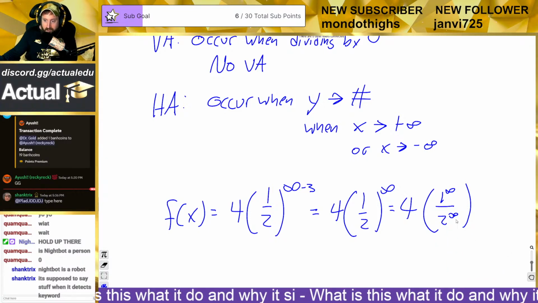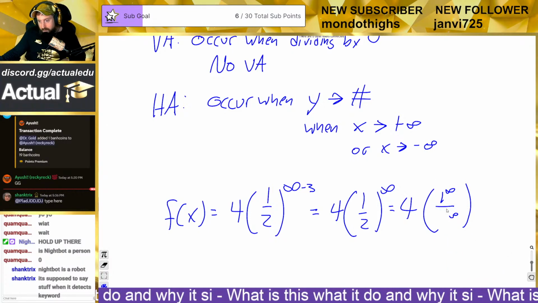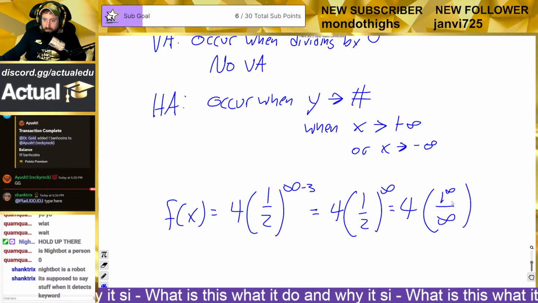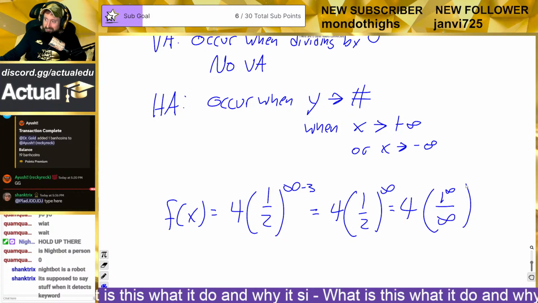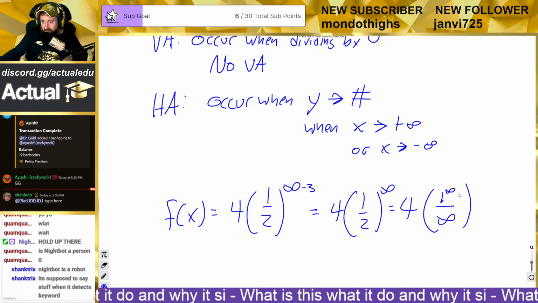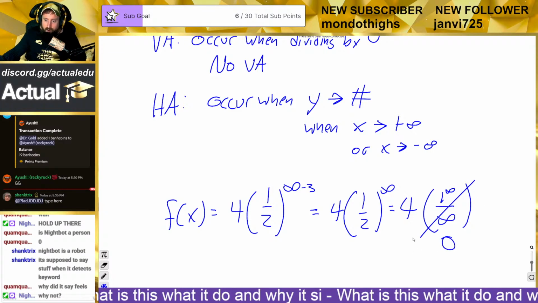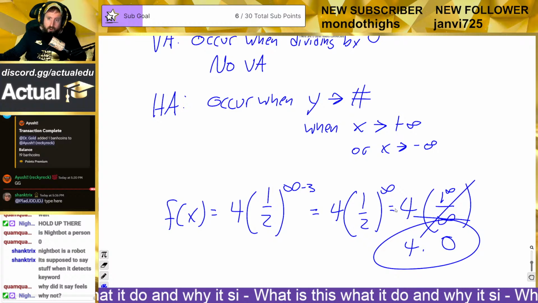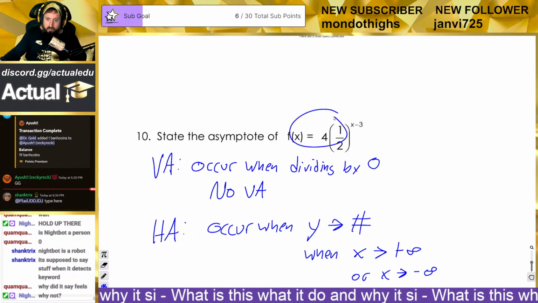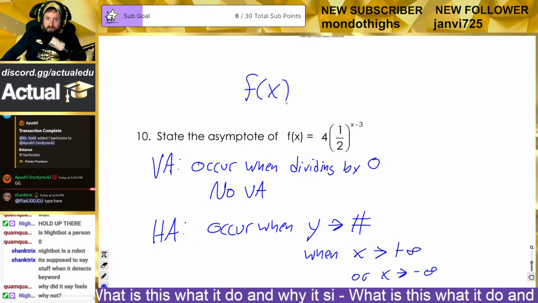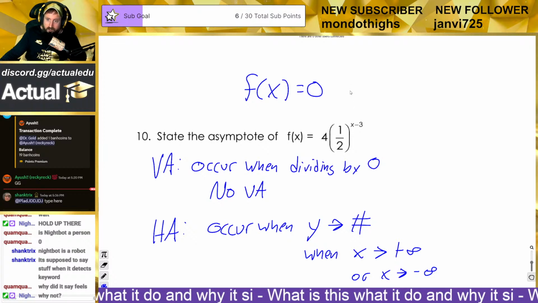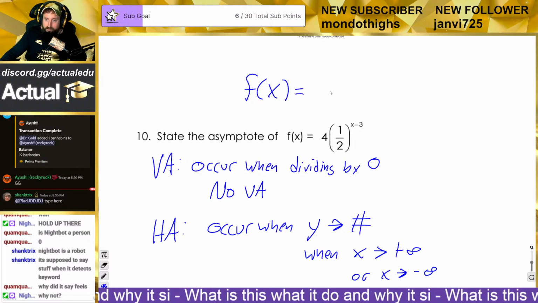And then anything over infinity, as long as it's not infinity, is going to be 0. This goes away. So if this is 0, 4 times 0, now we have one of our asymptotes. One of our asymptotes is at f of x is equal to 0.